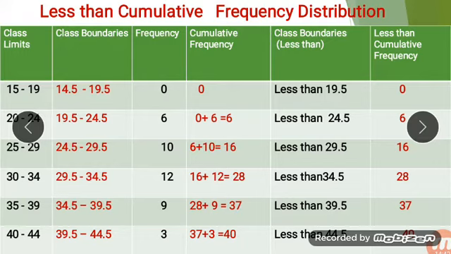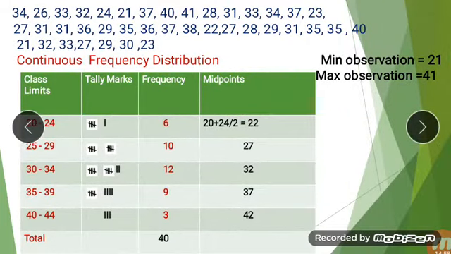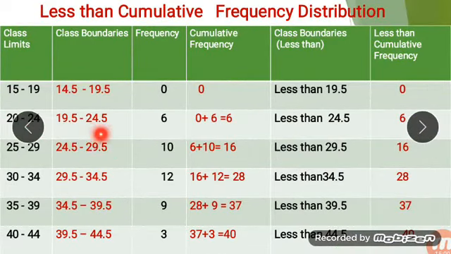Here you will come to know the significance of less than cumulative frequencies. Suppose we want to find how many students have weight less than 19.5. The weight starts from 21, so there is no student with weight less than 19.5.